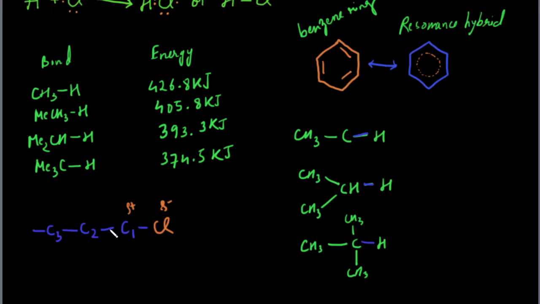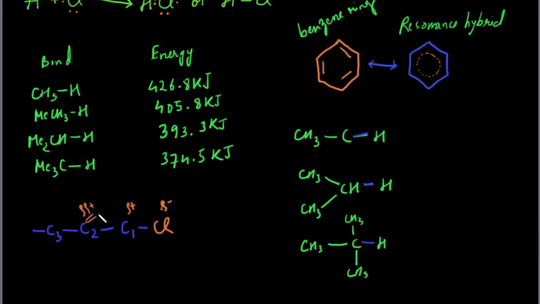This will cause C2 to acquire a small positive charge, del plus, but the charge will be smaller than that of C1 because the effect of the chlorine atom has been transmitted through C1 to C2.